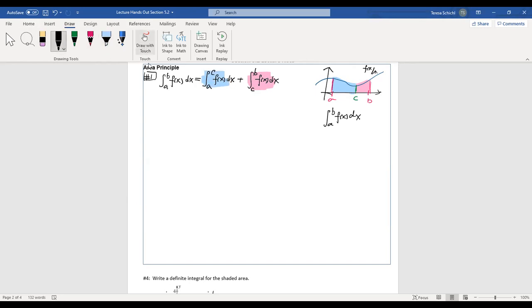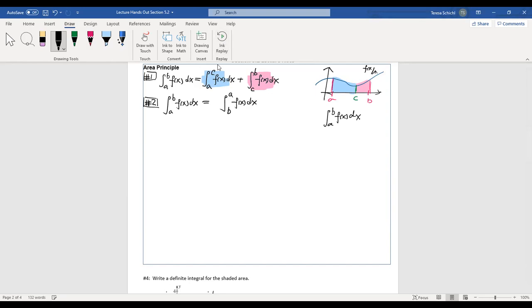Okay, so the next one is also a very good principle. I'm doing from a to b of f of x dx. What if I change it to from b to a of f of x dx?